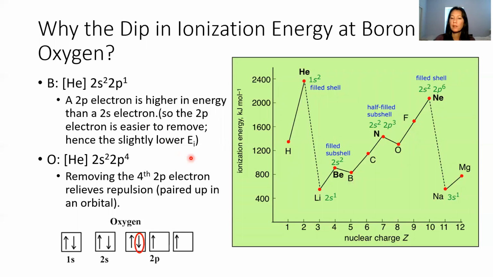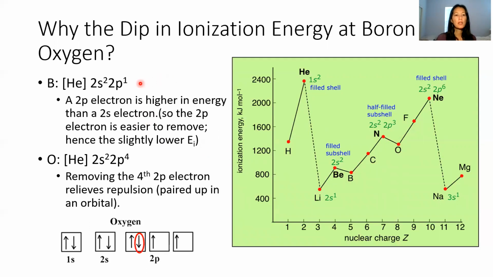Don't look at this left side of the slide, but just draw out an electron configuration and partial orbital diagram to explain why it might be easier to remove the outer electron of boron versus beryllium, and why it might be easier to remove the outer electron of oxygen versus nitrogen. So pause and think about that and then come back.